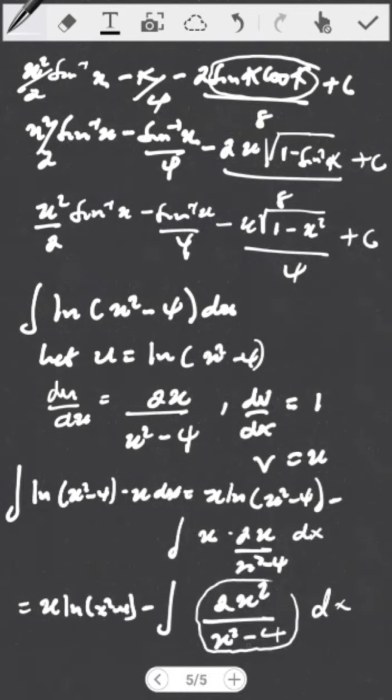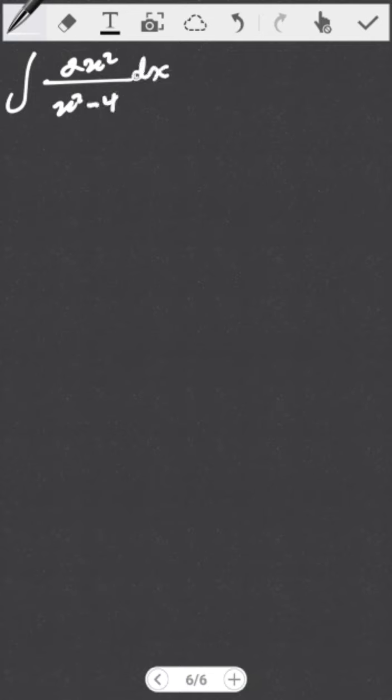Initially, I have x squared in the numerator, so this is in improper form. Let me first work out the integral of 2x squared all over x squared minus 4 dx.